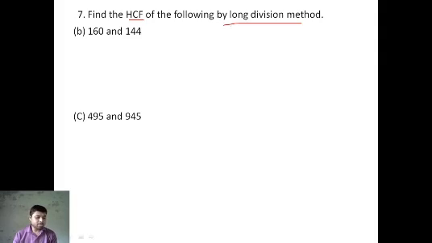So the long division method, look. First we write the smaller number as the divisor and the greater number as the dividend. Now here 1, so 144. Now do the subtraction. Now this is the important thing.